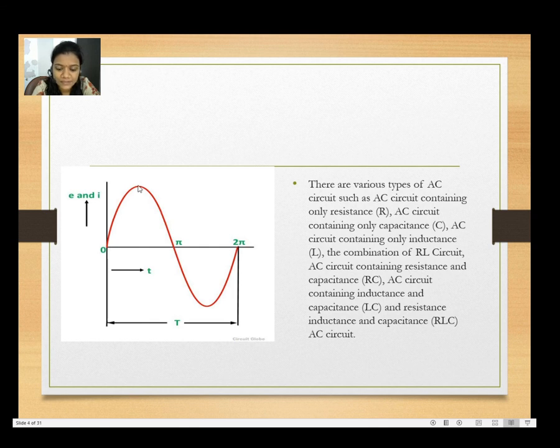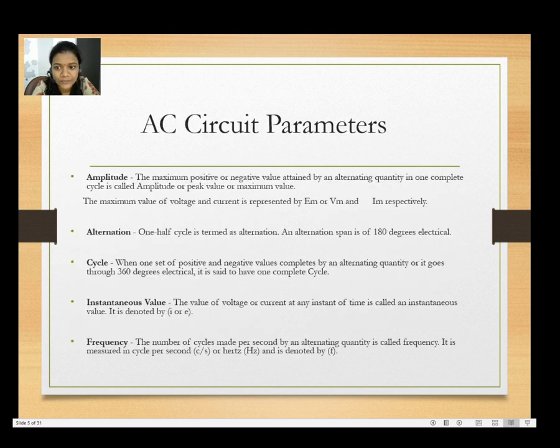So it is the maximum value attained by your alternating quantity in one complete cycle. It can be represented as EM or VM and IM respectively. The maximum value of voltage is EM or VM, and of current is IM.